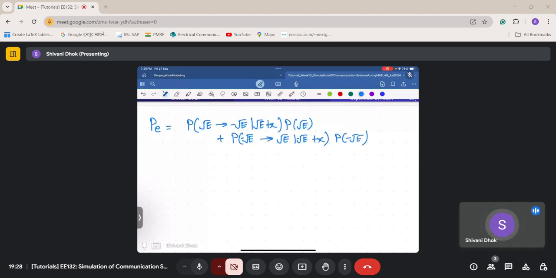Since the symbols are equiprobable, this is half of the probability that root e gets converted to minus root e given root e was transmitted, plus the probability that minus root e gets converted to root e given minus root e was transmitted.